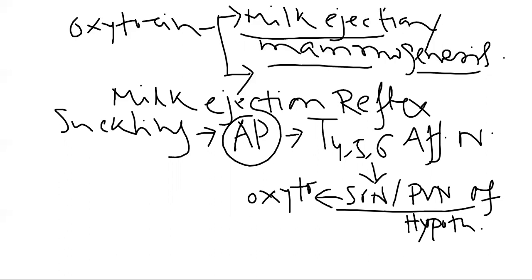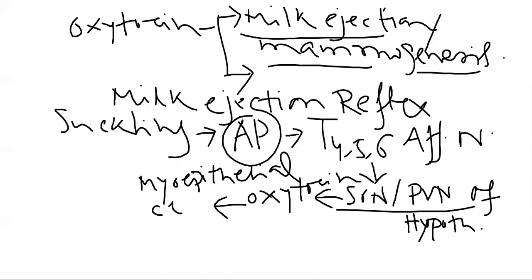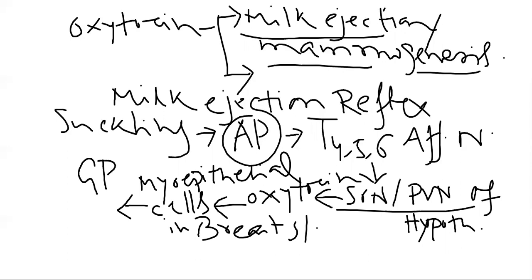So oxytocin will come into the circulation, and this oxytocin will work on the myoepithelial cells. Myoepithelial cells are present in the breast gland, and by the action of the G protein, as this oxytocin will work on the oxytocin receptor, which is a G protein coupled receptor and has action similar to the GQ.